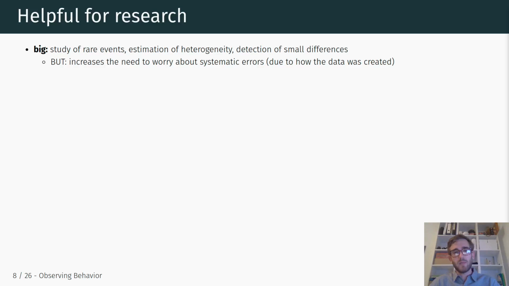If there are certain biases, either when it comes to selection, who you're going to study, or regarding the underlying mechanisms, it is really important to take into account whether there are systematic deviations between the data that you're trying to study and the population that you're trying to extrapolate to.